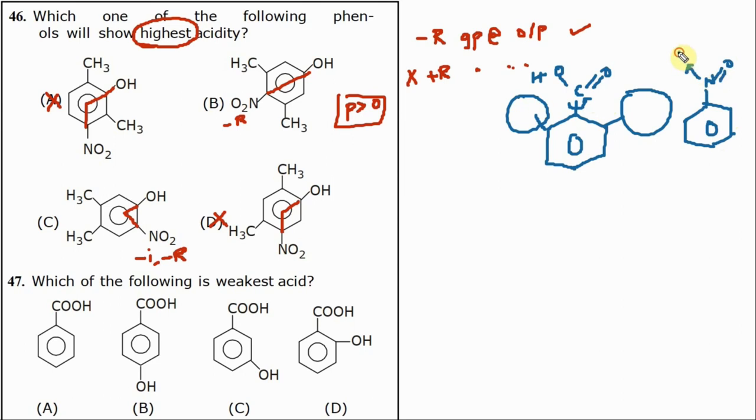Okay, so let's look at the similarity. The two structures are similar, right? So if there is an ortho group here too, the same thing will happen here. This ortho group and this ortho group will rotate this out of plane, so the minus R is decreased. If minus R decreases, acidity decreases. So hence Charlie is the correct answer.